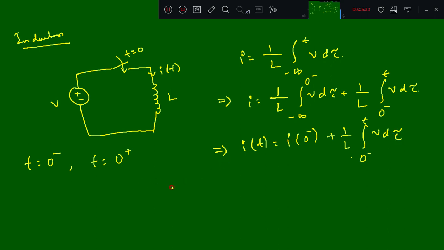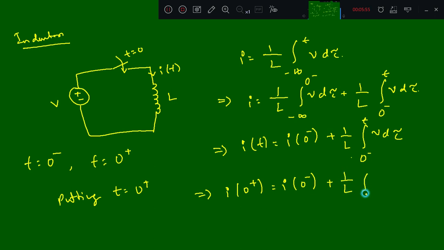Okay, so by putting the value t equal to 0 plus on both sides, I will get I of 0 plus equal to I of 0 minus plus 1 by L integration from 0 minus to 0 plus, V d tau.